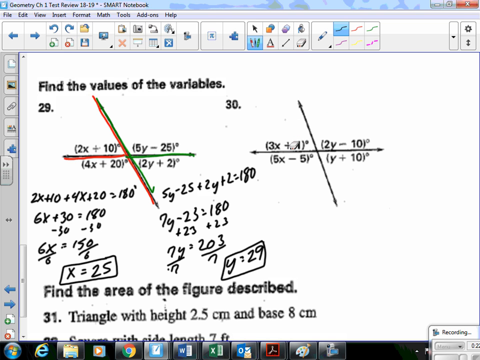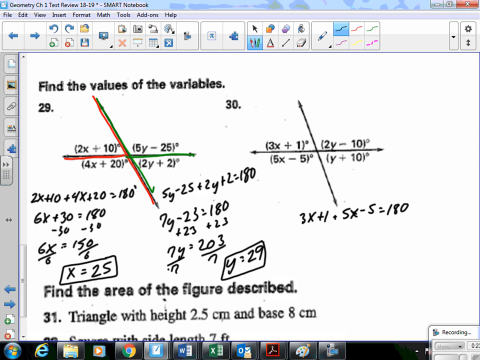Same basic setup. You got two angles with x's that make a linear pair on the left, two angles with y's that make a linear pair on the right. So set the 3x plus 1 plus 5x minus 5 equals 180. Those two x angles added together equaling 180 because they're a linear pair.